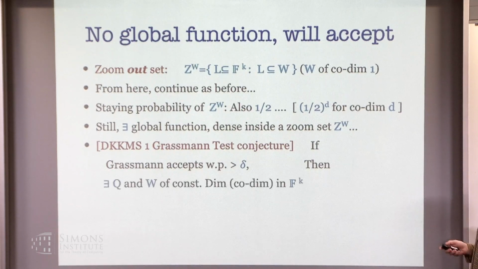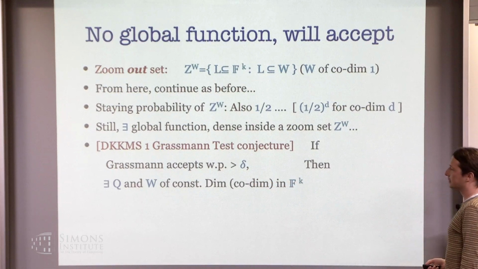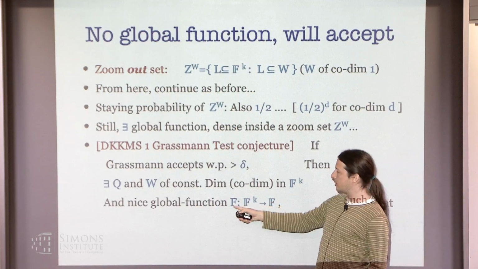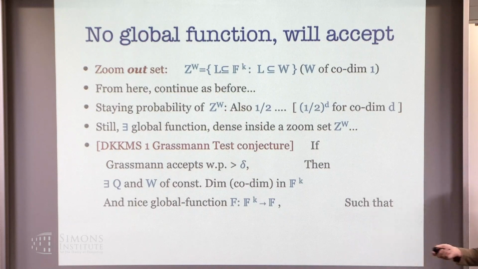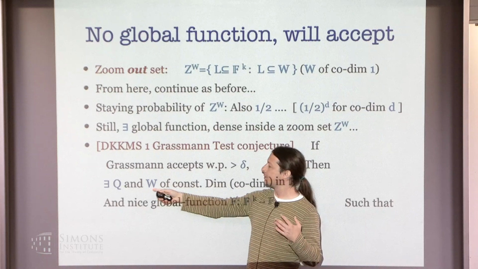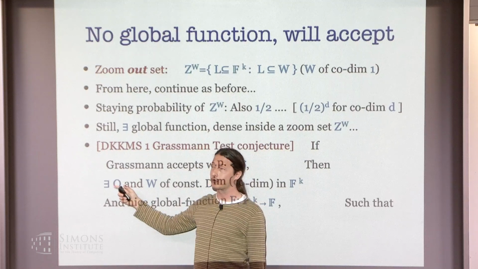So this was a conjecture at some point that if the test accepts with probability greater than delta, then there is a global function that maybe doesn't agree with a large fraction of all the subspaces, but it does agree with a large fraction of subspaces that are contained in some small codimension subspace W and contain a subspace Q of small dimension.